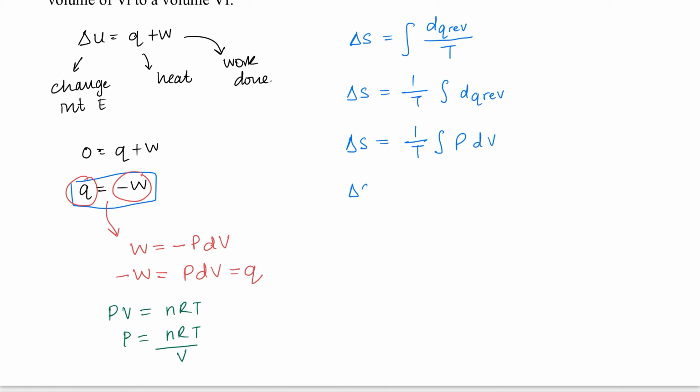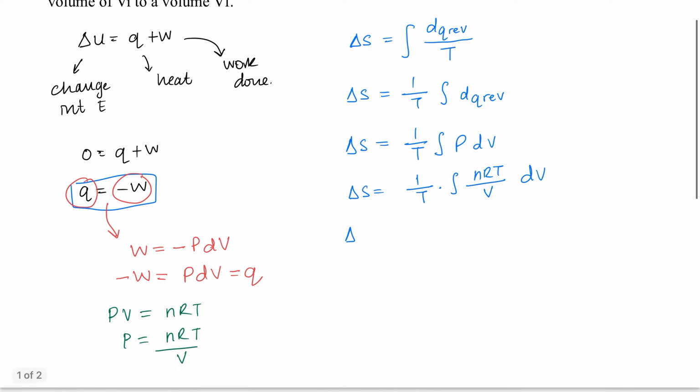Delta S is equal to 1 over T multiplied by the integral of nRT over V dV. Now n, R, and T are constants, so we can take that out as well. So delta S is equal to nRT over T.